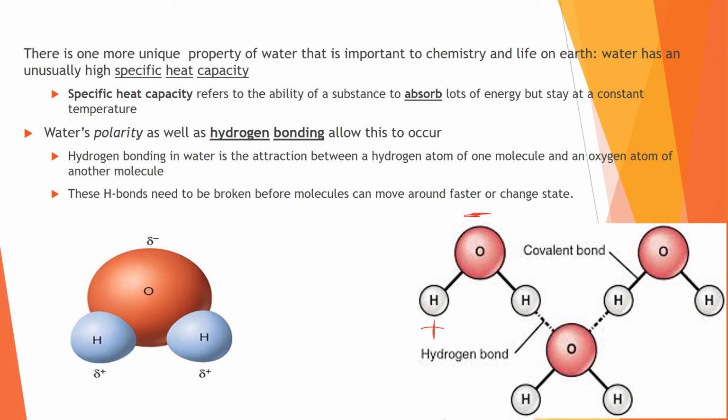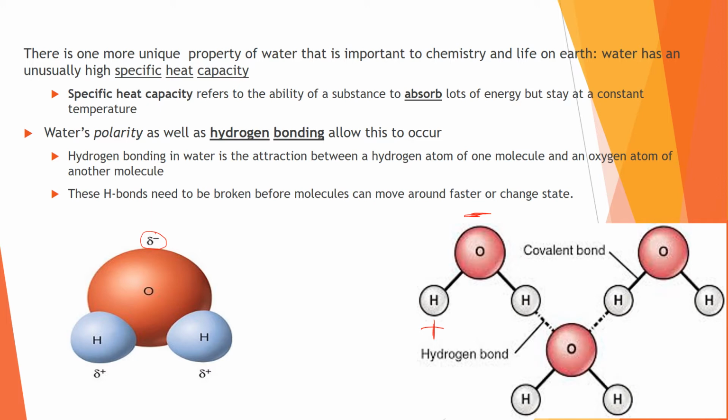That's what this Greek symbol means here, slightly. The slightly negative charge at the top near the oxygen means that the electrons spend a little more time around oxygen, a little less time around hydrogen, and that gives it a charge. Because we have opposite charges on opposite sides of the molecule, we call this polar.